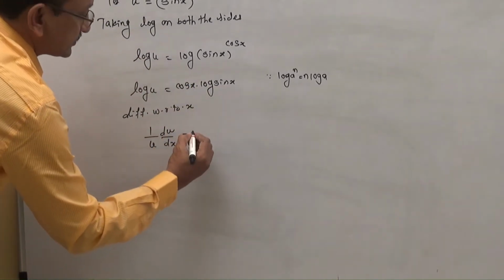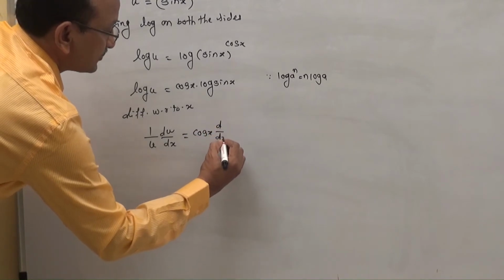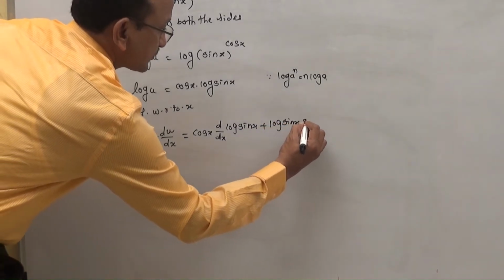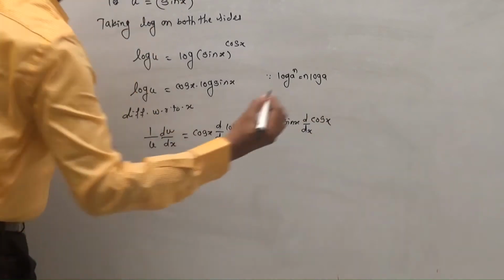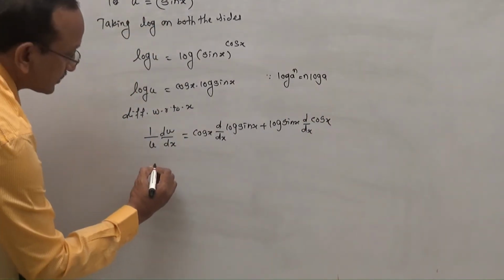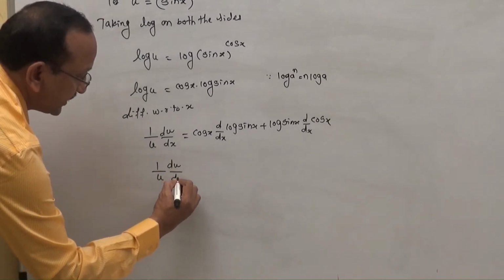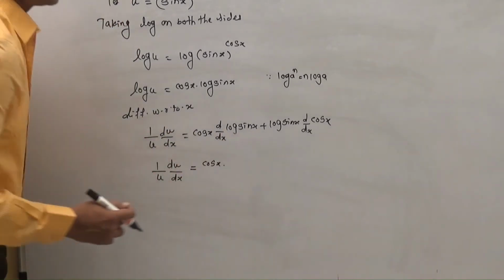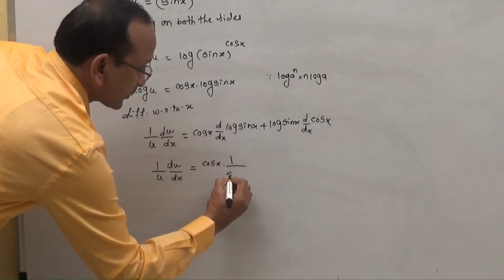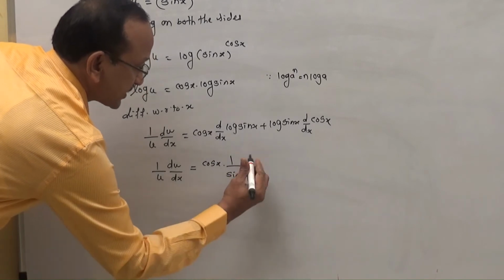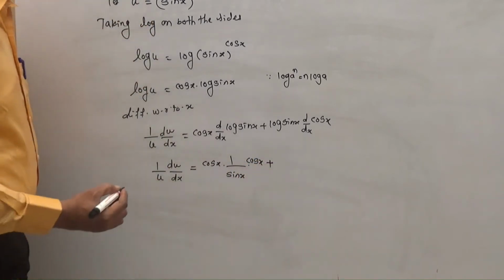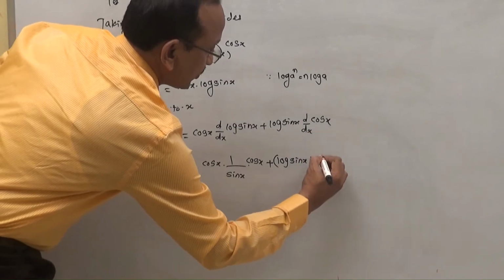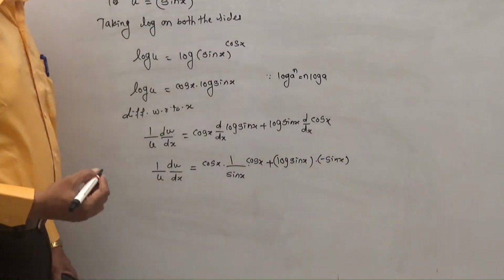Then apply the product formula: cos x into the derivative of log of sin x, plus log of sin x into the derivative of cos x. So 1 upon u du by dx is equal to cos x into the derivative of log of sin x, which is 1 upon sin x into the derivative of sin x, which is cos x, plus log of sin x into the derivative of cos x, which is minus sin x.